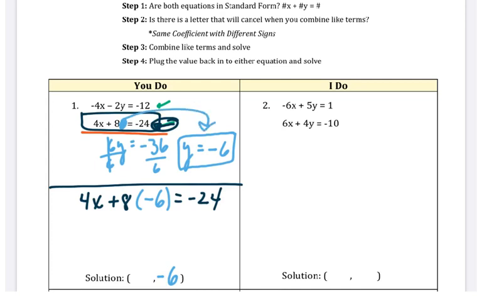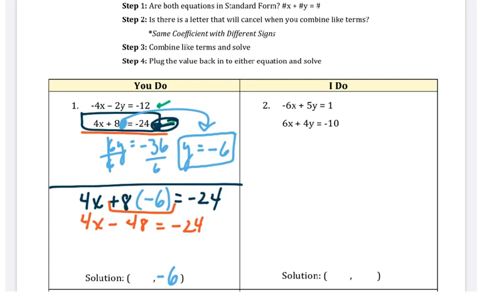Now to solve this, 4 times x is just 4x. 8 times negative 6, use a calculator if you need to, is negative 48, equals negative 24.